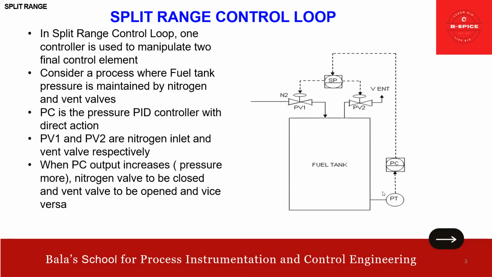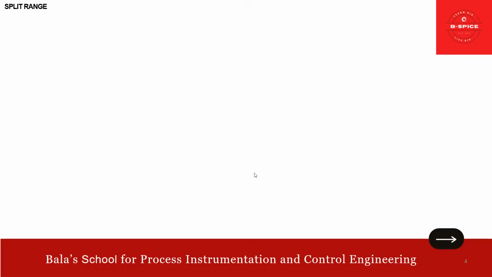When the PC output increases, that is, pressure is more, the nitrogen valve is to be closed and the vent valve is to open. Pressure inside the fuel tank is increased, the nitrogen valve closes and the vent opens, and vice versa. That is the concept here.